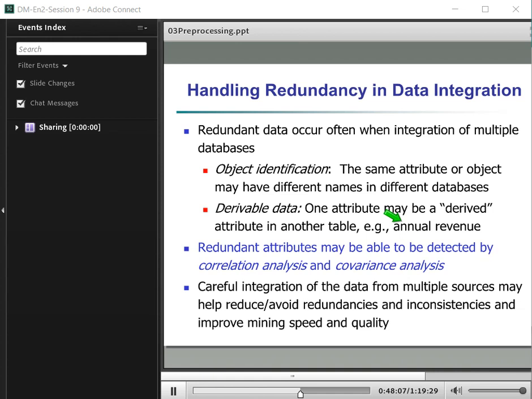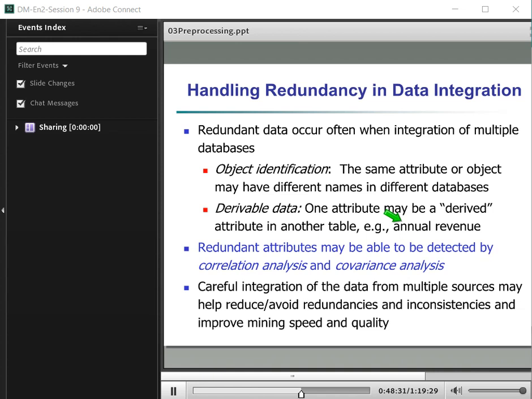It seems it's not correct. Their system has a problem. I'm a unique person, but I have two different records, so they count me as two different persons.